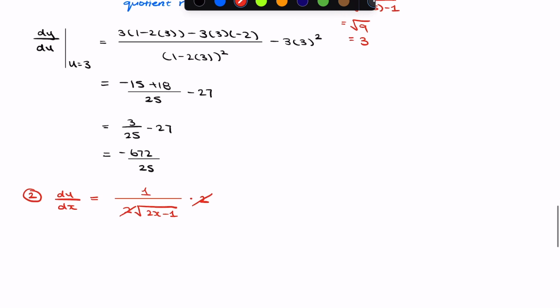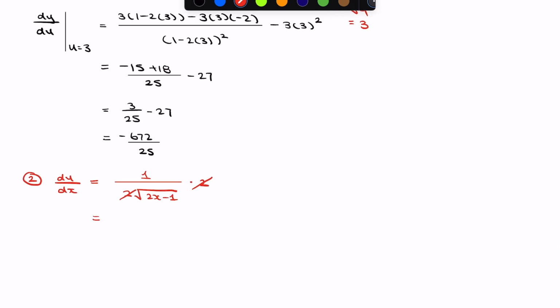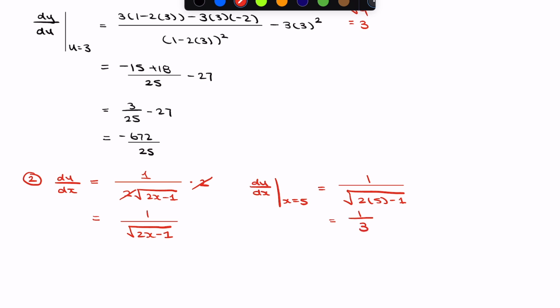The 2's will cancel out, so here we'll have 1 over the square root of 2x minus 1. And so du over dx at x is equal to 5 is equal to 1 over the square root of 2 times 5 minus 1, which is equal to 1 over 3.